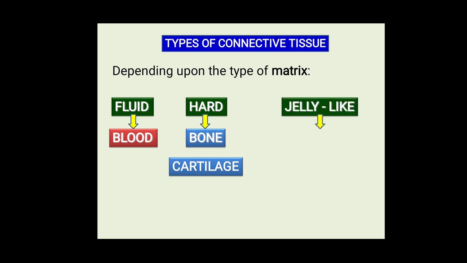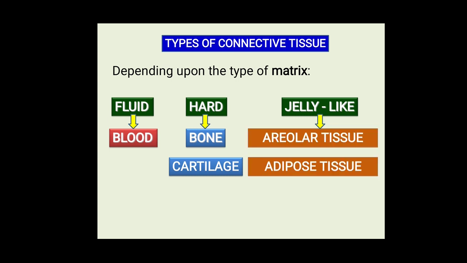Third is matrix may be jelly-like. In this you have 4 examples in your book: areolar tissue, adipose tissue, tendon and ligament. Apart from this, there are others also, but these are all the connective tissue that are there in your syllabus.